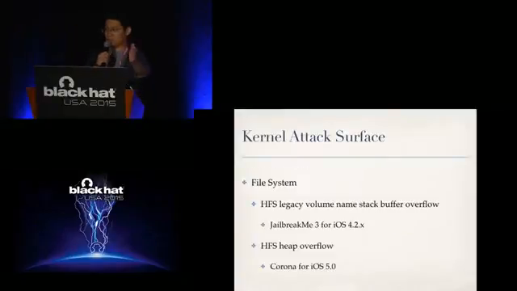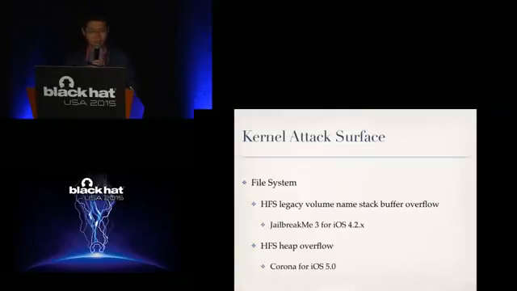Okay, so a lot of kernel bugs were already used in past jailbreaks. We'll have a look at them. To attack the file system, in jailbreakme 3 the kernel bug is a very, very basic stack overflow.